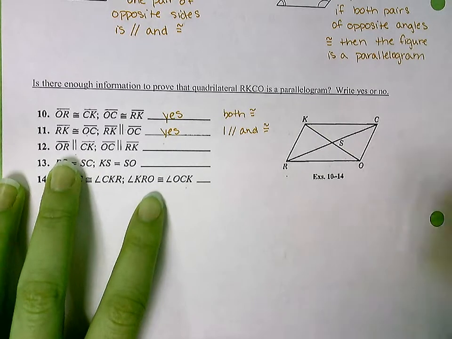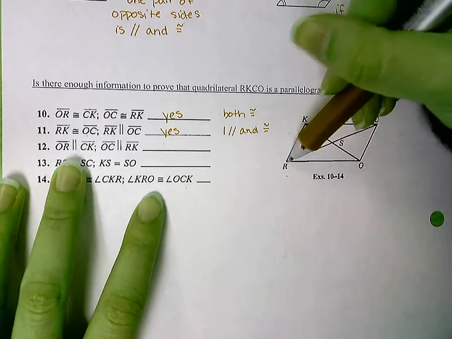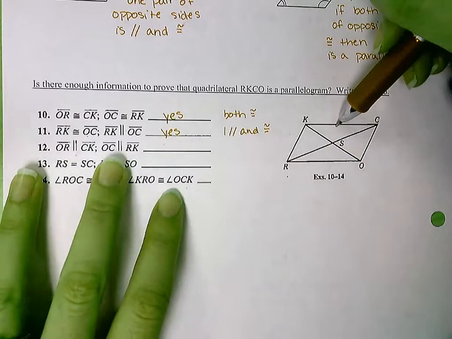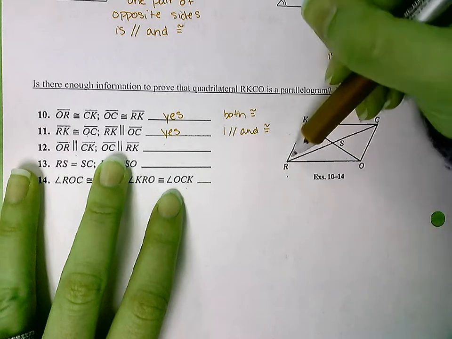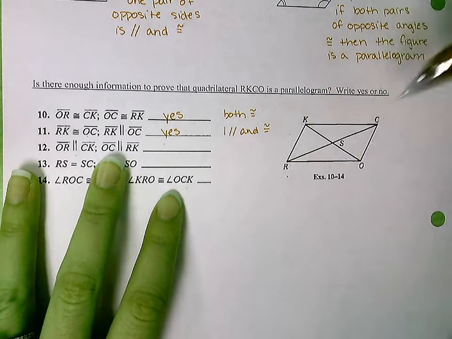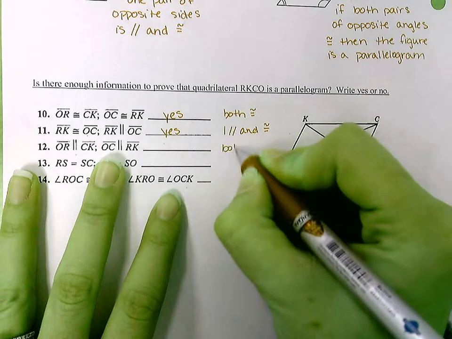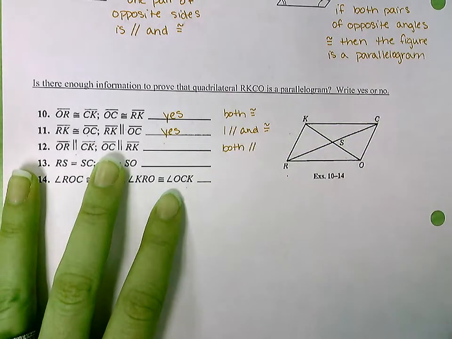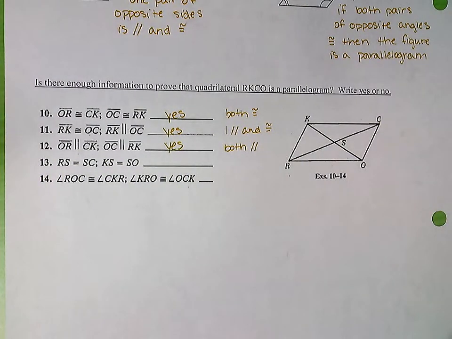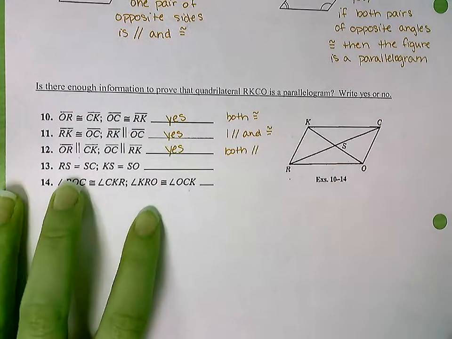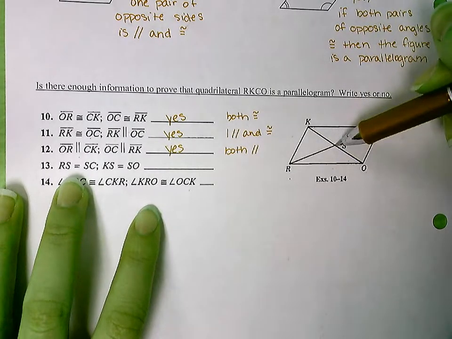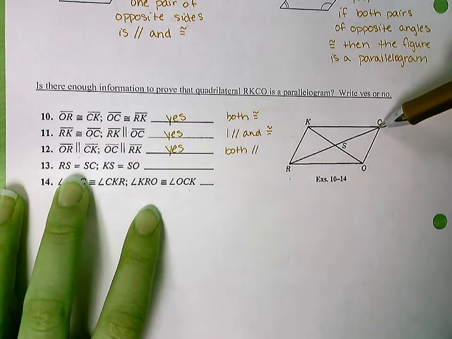Number 12, I have OR is parallel to CK, so I have opposite sides parallel. And OC parallel to RK, so another pair of opposite sides parallel. Okay, so both pairs are parallel. So yes, this is a parallelogram. 13, RS is equal to SC.